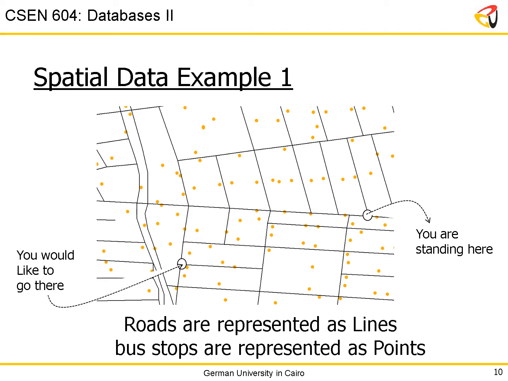In order to do that, they model the streets in a city as a graph of roads, where the streets and roads are represented as lines, and the bus stops and intersections are represented as points. And then they do all kinds of analysis on such a representation.